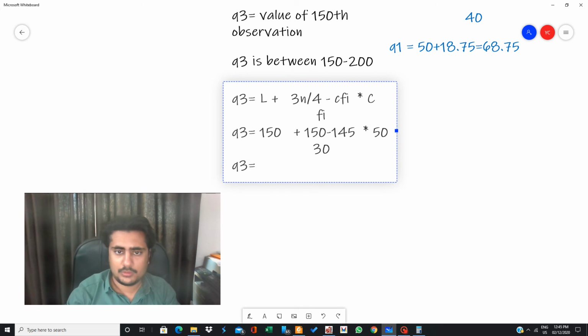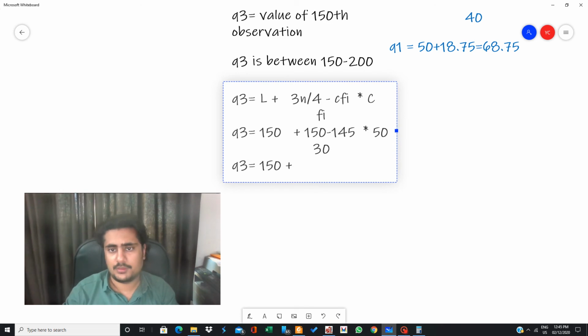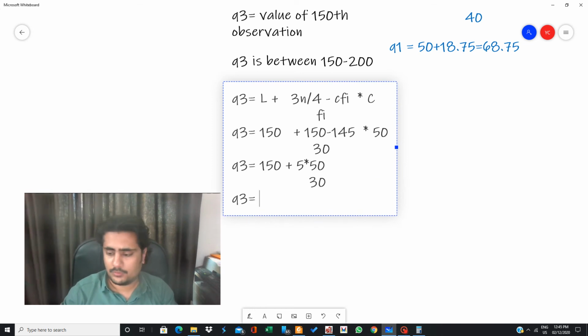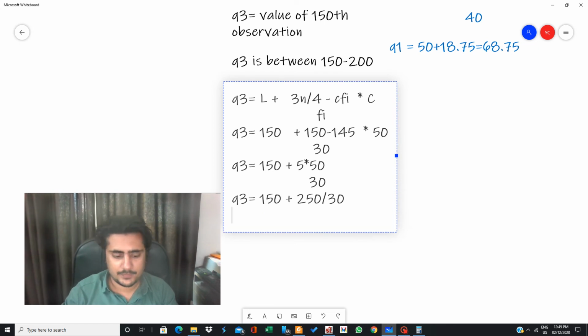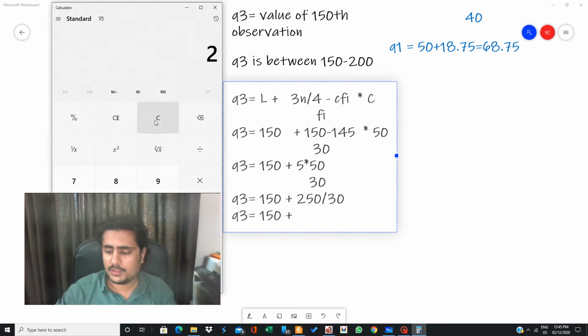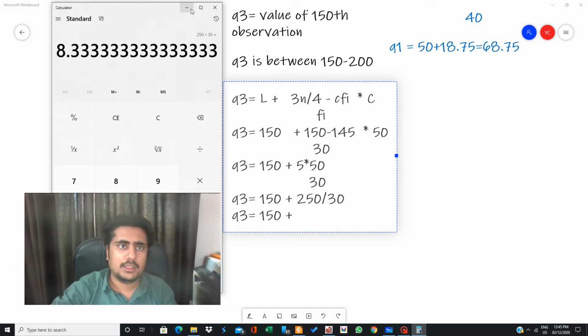Now my Q3 is equal to 150 plus (150 minus 40 is 5) 5 into 50 upon 30. So this Q3 is equal to 150 plus 250 upon 30. So it's 150 plus, what is this 250 upon 30? 8.33.